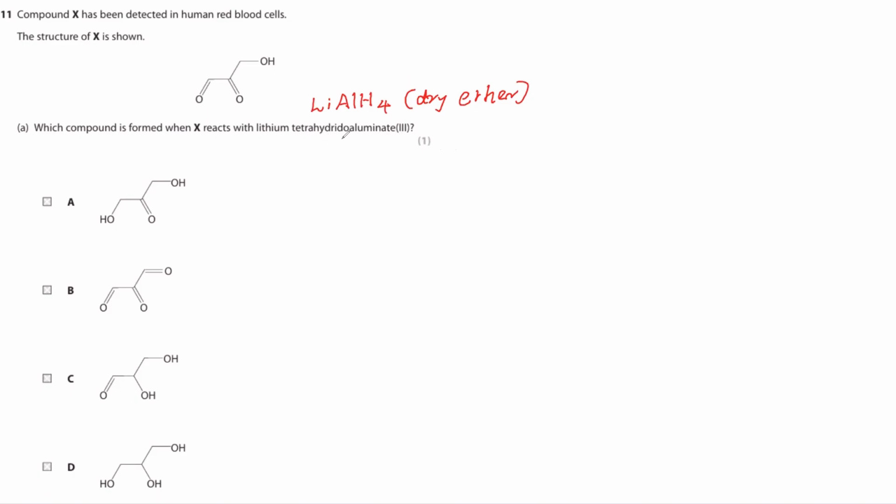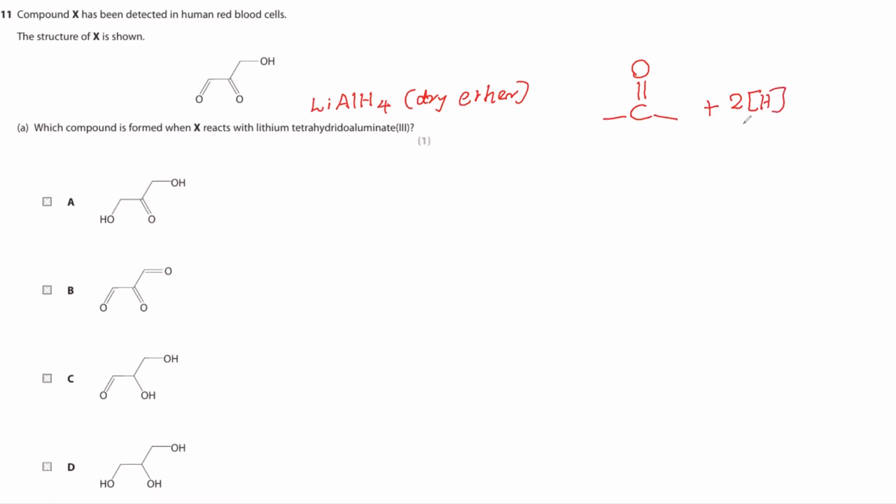This lithium tetrahydroaluminate has the ability to reduce carbonyl groups. A carbonyl group means a molecule with a carbon-oxygen double bond. When you add it, it will provide hydrogen atoms to reduce these carbonyl groups.